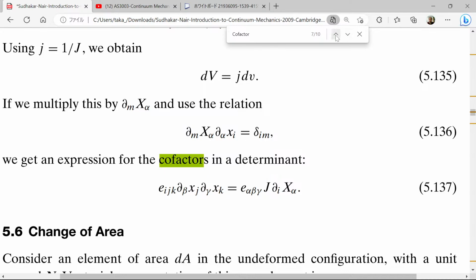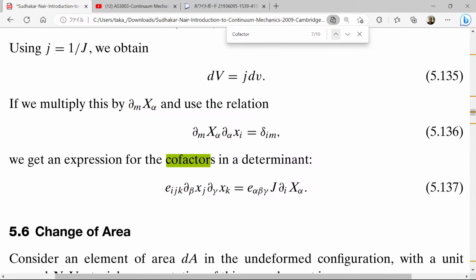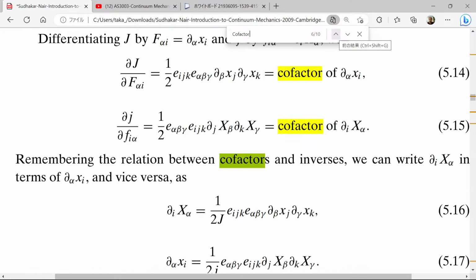And actually I don't want to use this one, but here we have something, right?